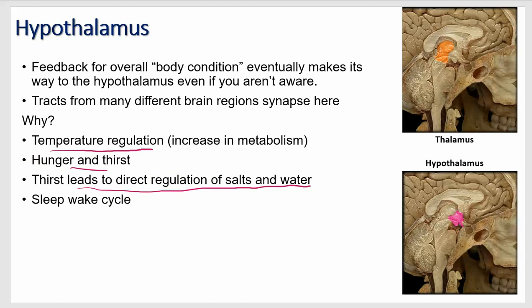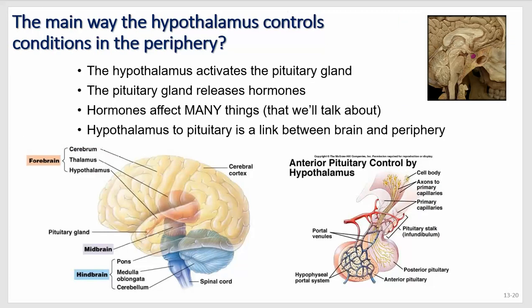So information comes into the hypothalamus, and then the hypothalamus responds by telling the pituitary gland, which I keep trying to move forward, which hormones to release. The main way the hypothalamus controls conditions in the periphery is through that pituitary. It activates the pituitary gland and tells it which hormones to release.